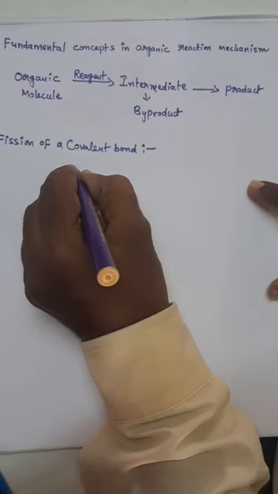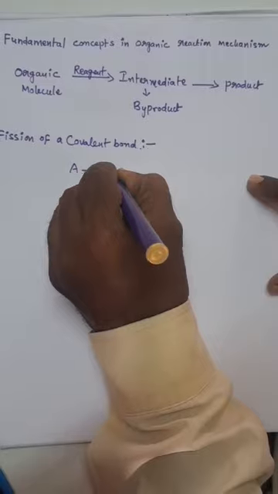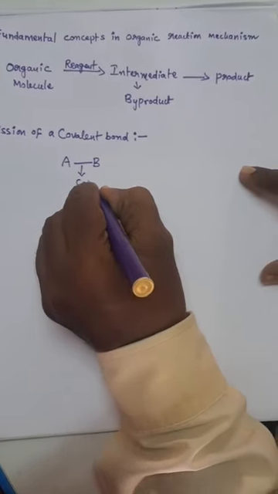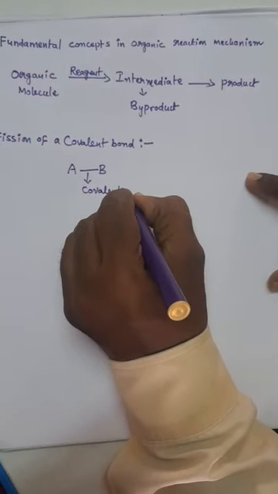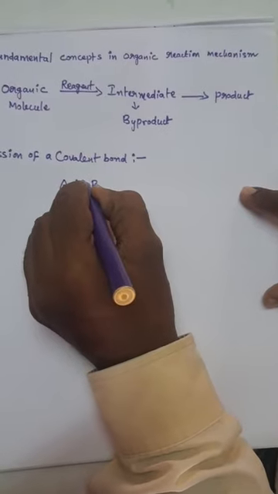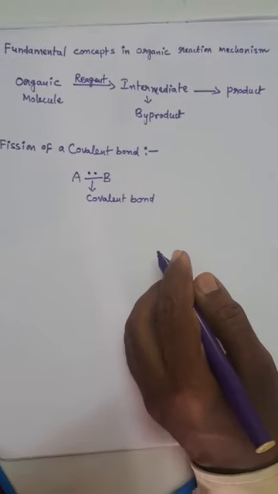For example, A-B is formed with a covalent bond. In this bond formation, two electrons are involved.